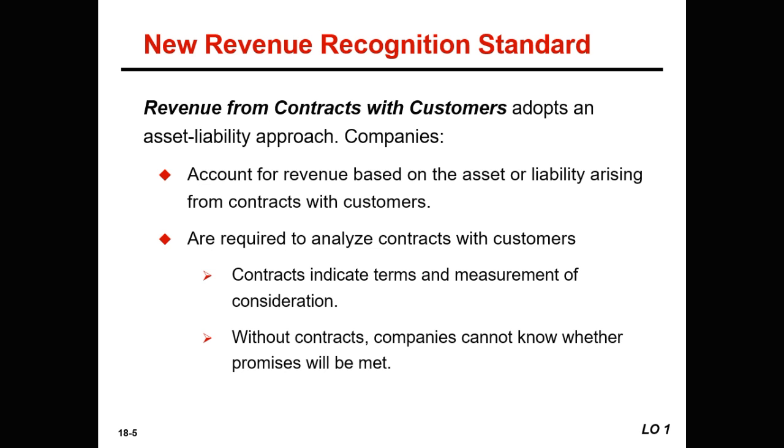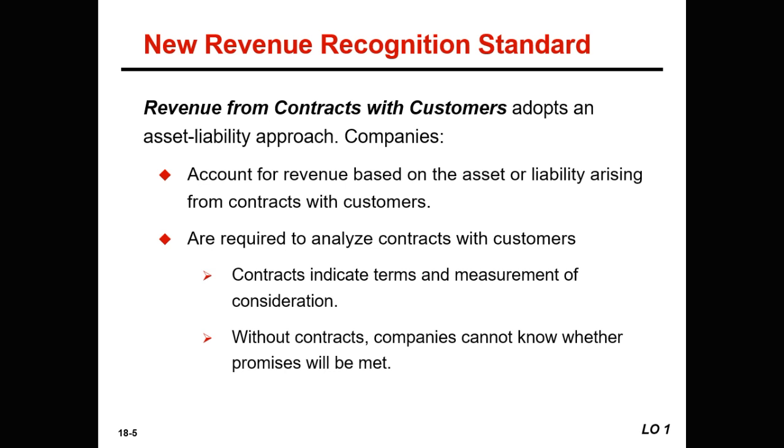And without contracts, companies cannot know whether or not their promises will be met. This new converged standard provides a much more robust framework for addressing revenue recognition issues. It improves the comparability of revenue practices across entities, industries, jurisdictions, and capital markets.